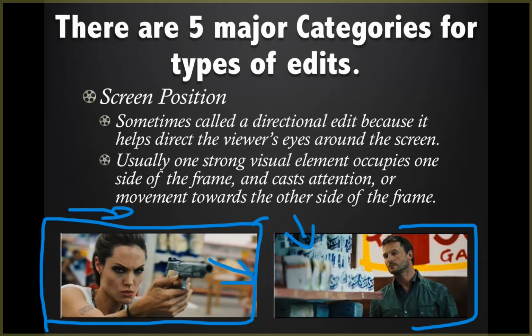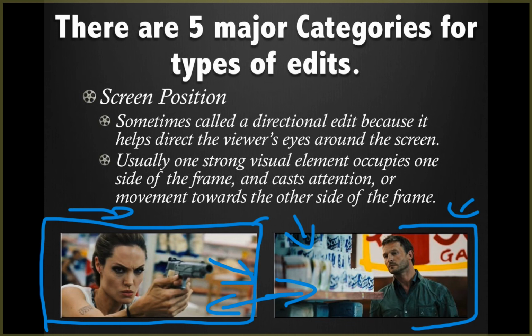Again, you are being considerate with camera angles as well, but you're not at the same time, because these are completely different locations. And you could even argue they are breaking the 180 here to a certain extent, although not really. But you're building a very strong relationship between these two shots. And so with screen position, you're positioning your characters in such a way that it makes a very powerful idea to your audience.